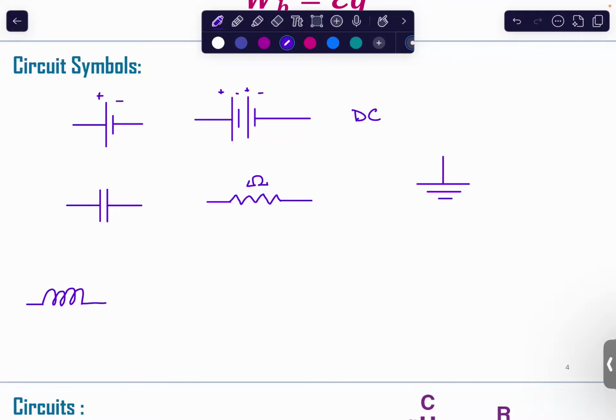It's a wire coil. That's why it looks like this. It's actually a wire coil in your circuit. It's trying to manage the current in the circuit. This is your inductor.